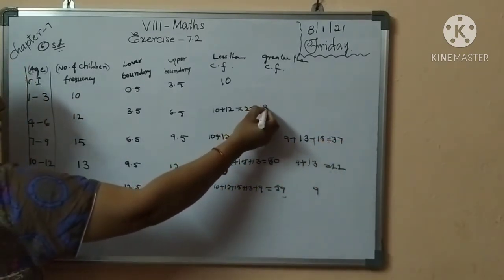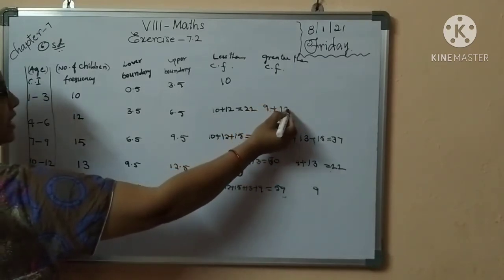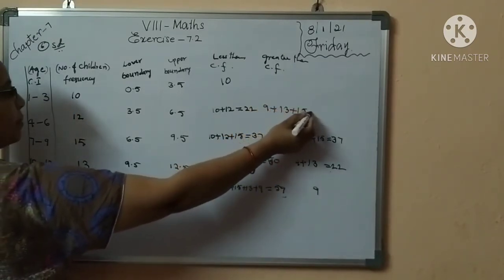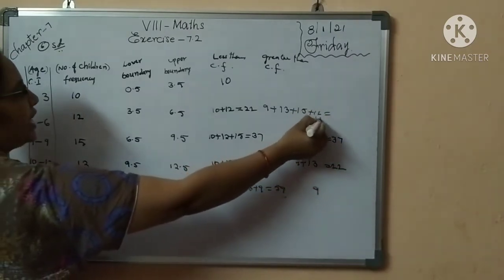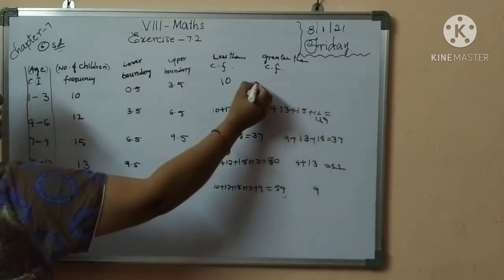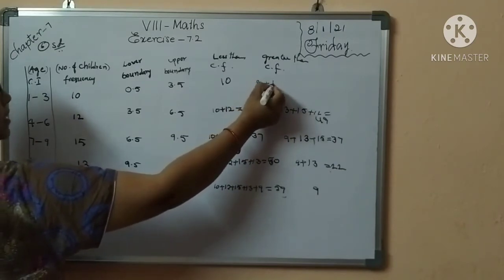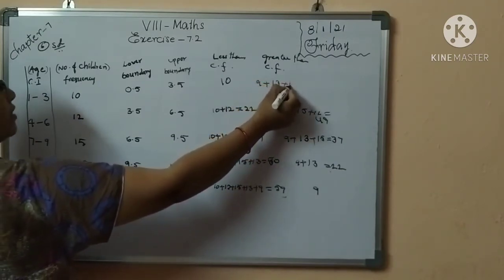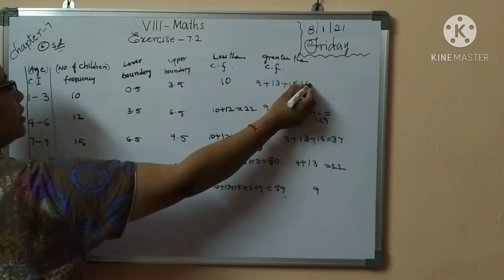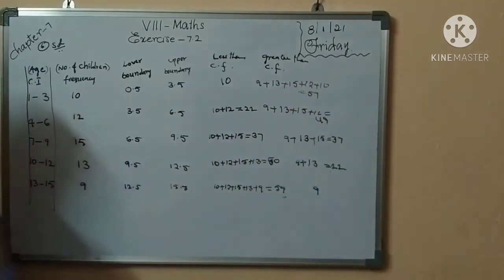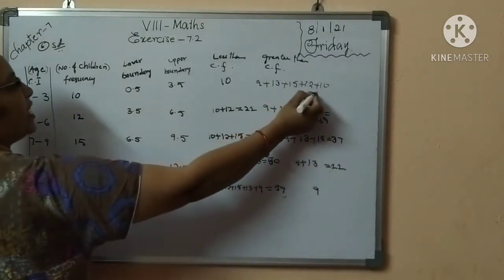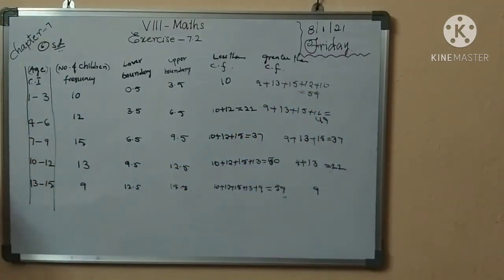Next, 9 plus 13 plus 15 plus 12 is equal to 49. Next, 9 plus 13 plus 15 plus 12 plus 10 is equal to 59. So did you understand, children?